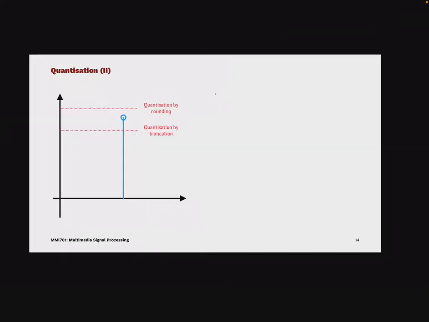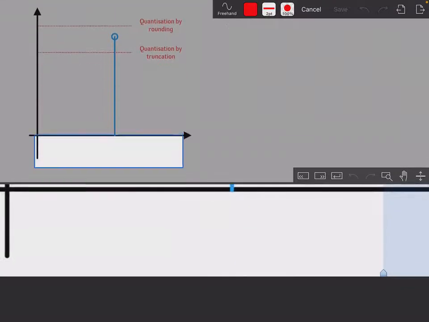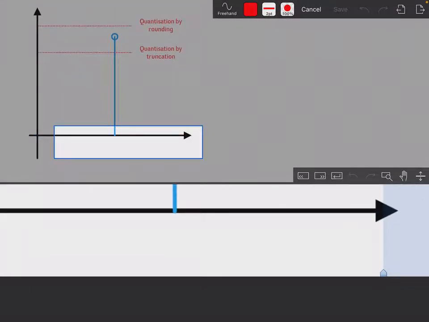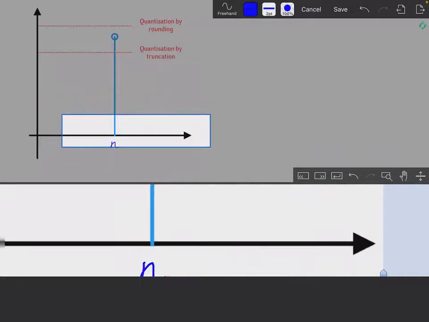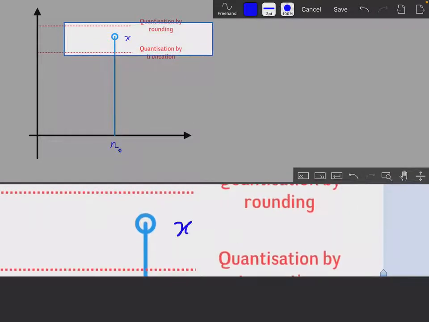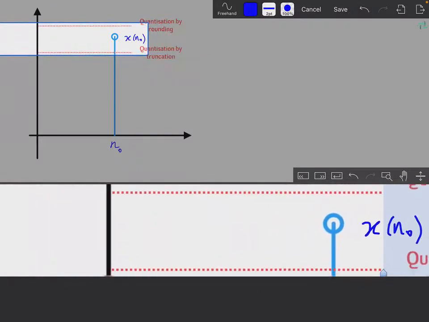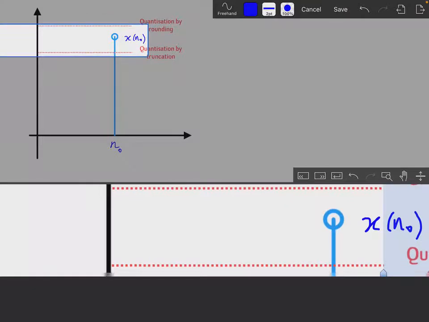So let's say that we have a sample at n, so this is our sample, and let's call this n0, and this is our sample x of n0. It's a continuous valued signal, and we would like to map it to one of these values.